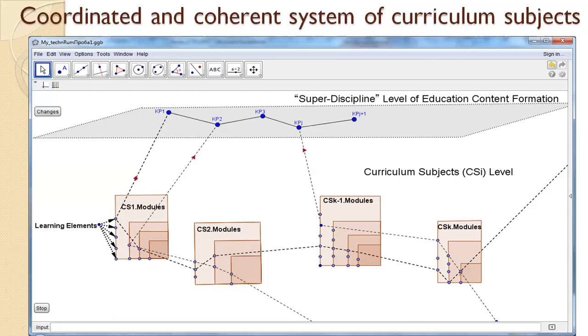And in fact, we obtain the really sensitive and coordinated system of learning elements, which are sensitive to the changes which usually happens on the super discipline level of education content formation.